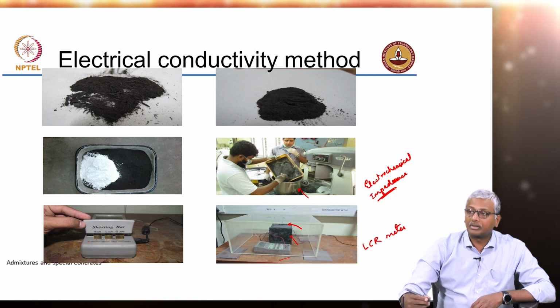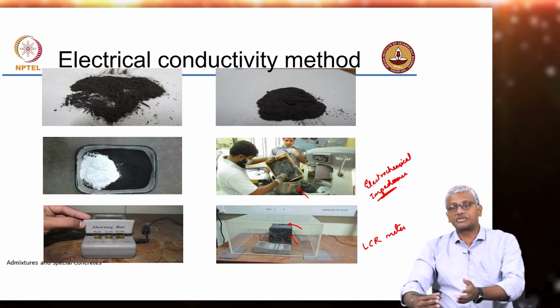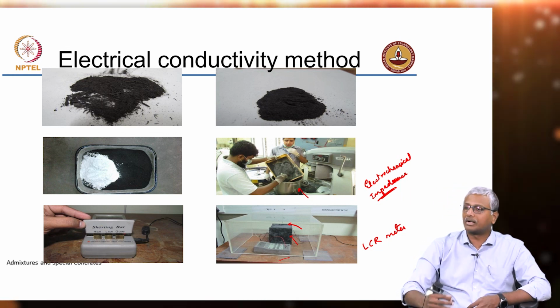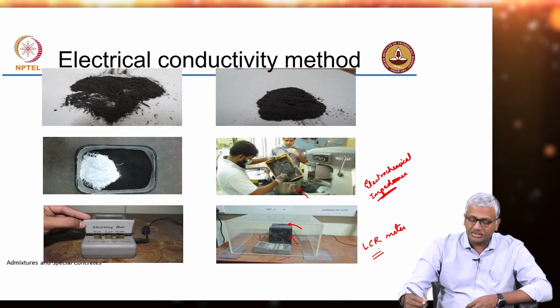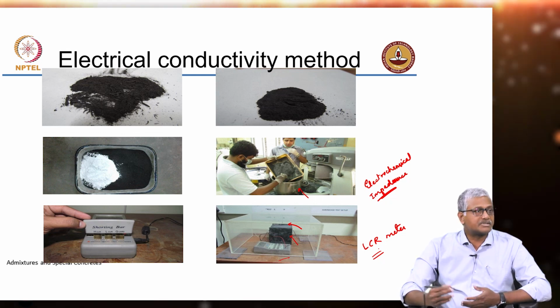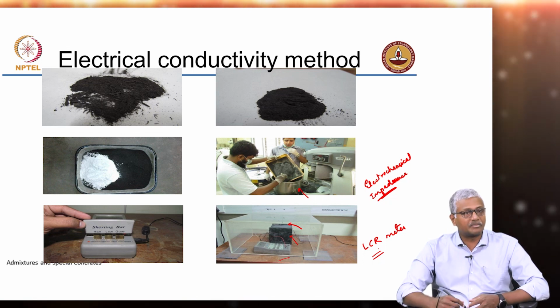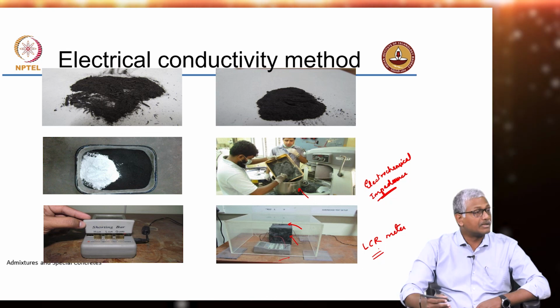That's a lot more involved and complicated, and it can also give you a lot more insight into the behavior of the material. But this is a simple LCR meter which can be used to determine the resistance or resistivity offered by a solid element. So, in this case, the setting material is offering that.